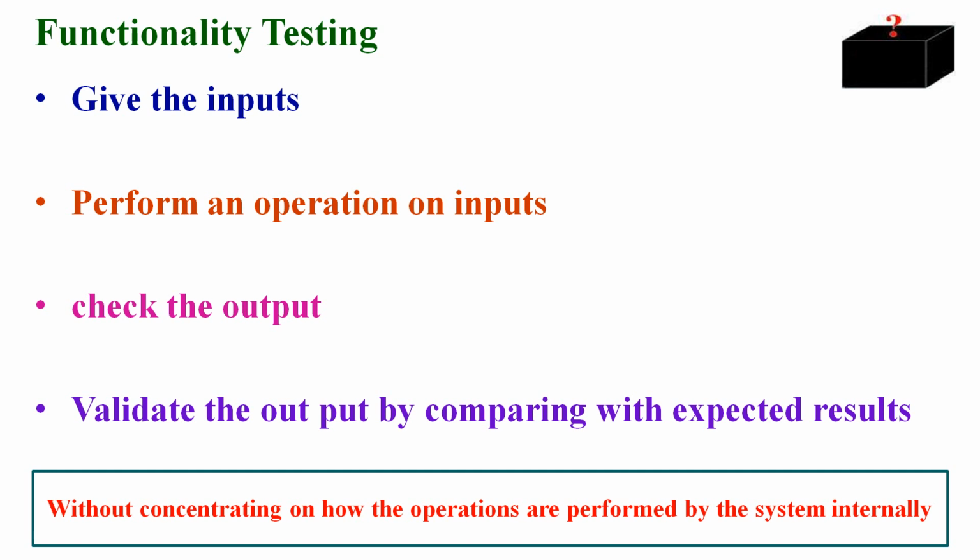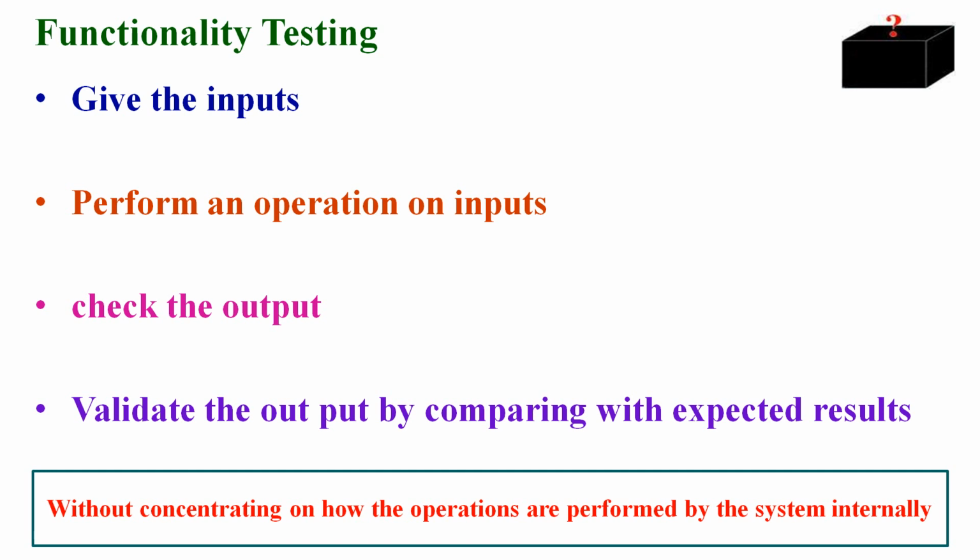Right? So, here, what do you mean with the functionality? The element which accepts the inputs. Input or inputs. There may be a single input or there may be more than one input, that means multiple inputs. After giving the inputs, you have to perform the operation on the inputs.